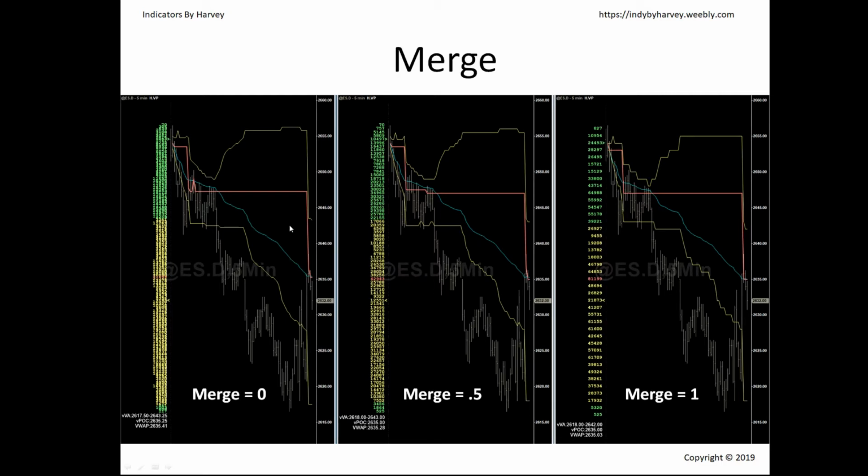If every tick is insignificant to you and you look at the price of S&P futures at a half point or a point, it may make sense for you to change merge to 0.5 for less granularity in the outputs. You see it does impact the value area calculation, the VPOC and the VWAP. And likewise, if you set merge to 1, it has even less granularity and a little less accuracy.